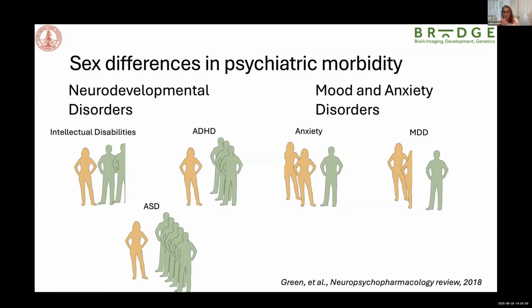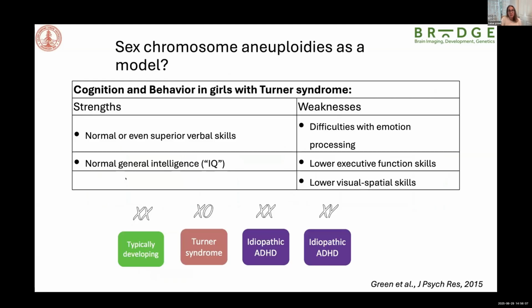We see more and more mood and anxiety disorders, with females being much more affected than males. And specific to Turner syndrome, we know that there's some strength for the girls with their verbal IQ, and some weaknesses, such as difficulties with emotion processing, lower executive function skills, and lower visual spatial skills.